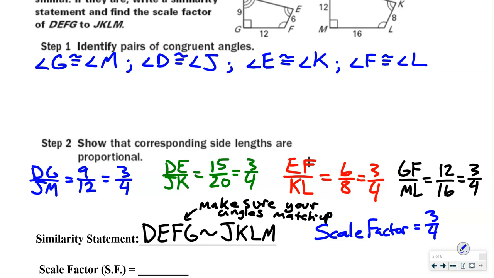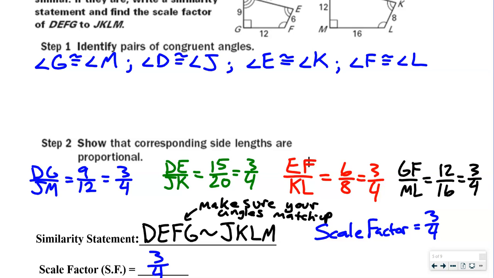Scale factor of 3 over 4. I guess I got that blank over here. 3 over 4. So in proving figures similar, you need to show all of the angles are congruent and all of the sides are proportional.